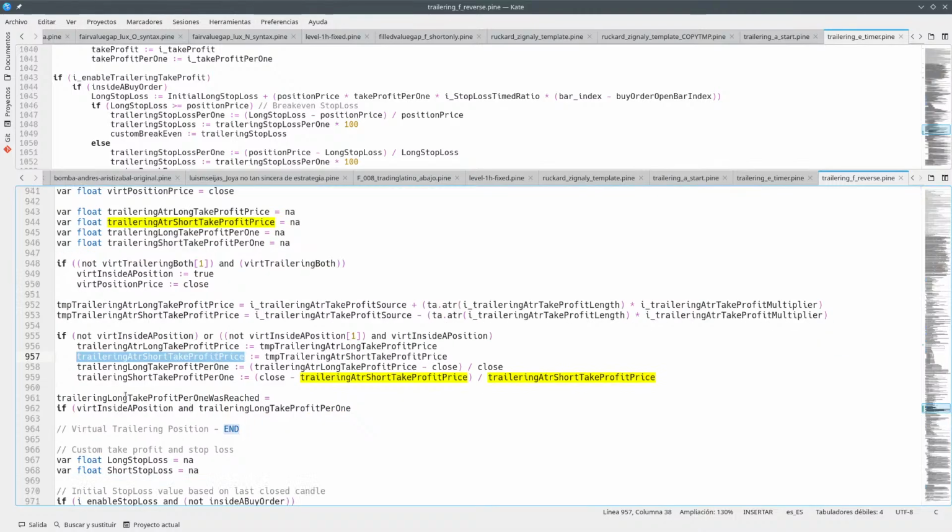So that means that I can say if this price has been reached or not, like this. So how do you do this? How do you know if this was reached on the previous candle?